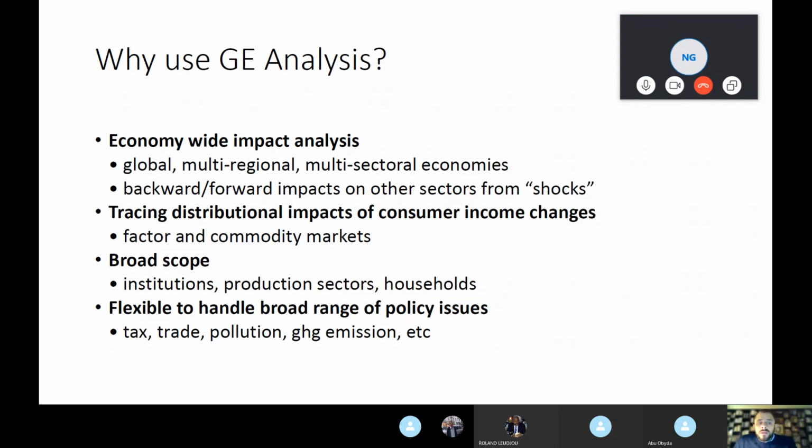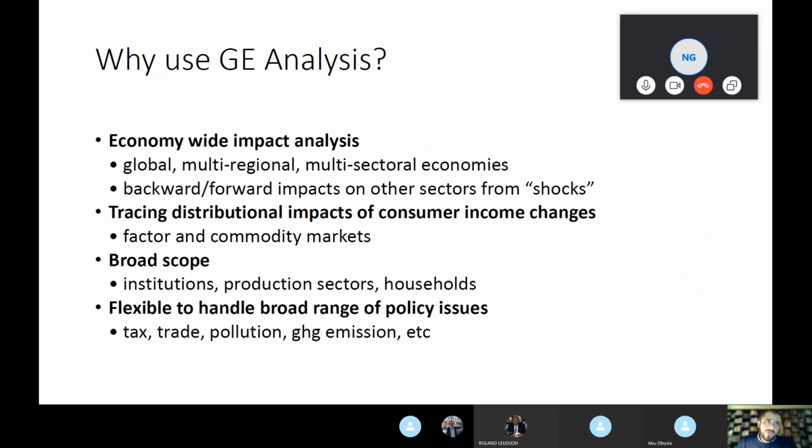So that's one of the most important reasons why it's better to use CGE models more than partial equilibrium models. The second point is related to tracing distributional effects of consumer income changes, because as I mentioned before, CGE models help us take into consideration direct and indirect effects.